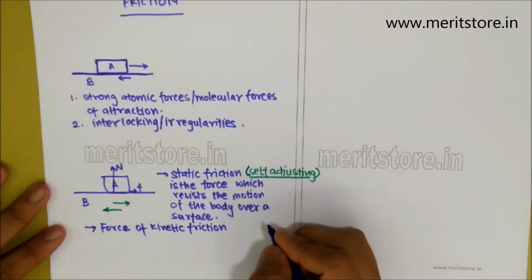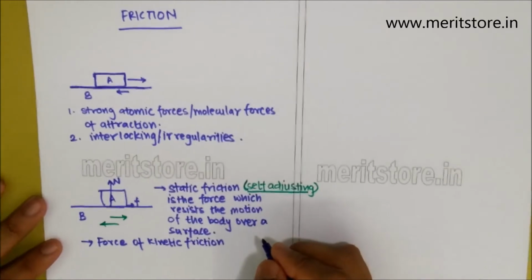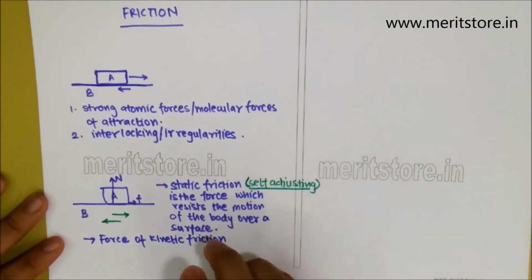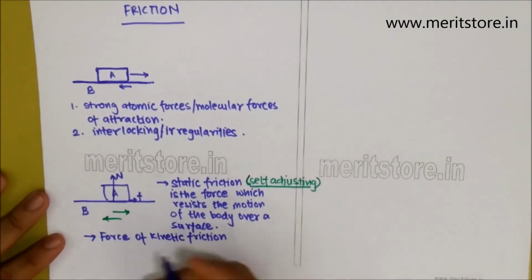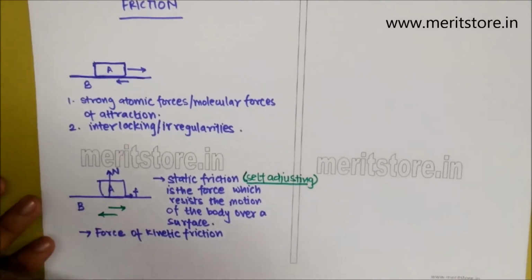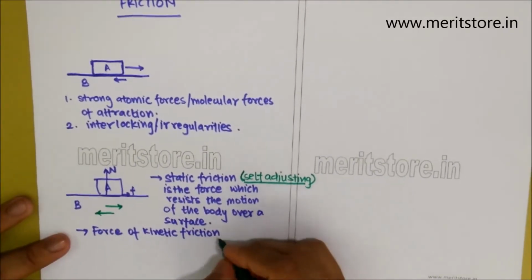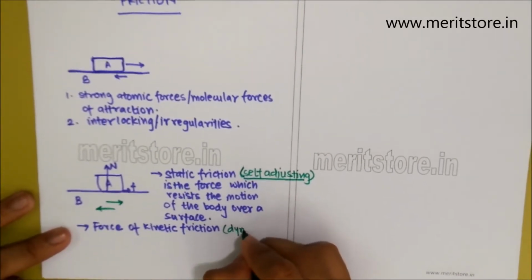This force of kinetic friction between two bodies in contact occurs when one body is sliding over the other. It is also known as dynamic friction as the body is moving.